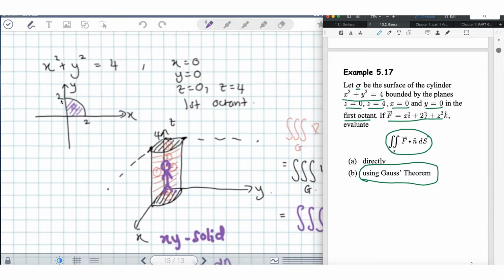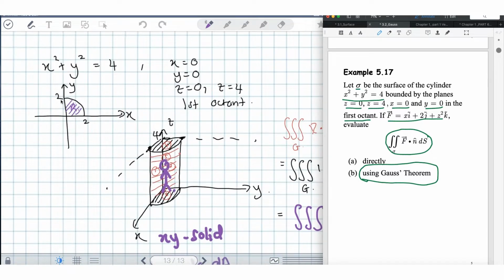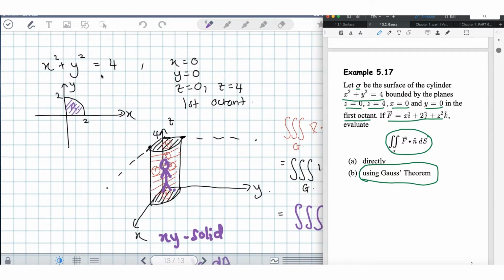And then if you look at the original equation for the cylinder here, we got a circle, right? Which means that your region is a circular region. So when you have a circular region, you can use polar for 2D, but now we are using 3D, so we call this cylindrical coordinates.